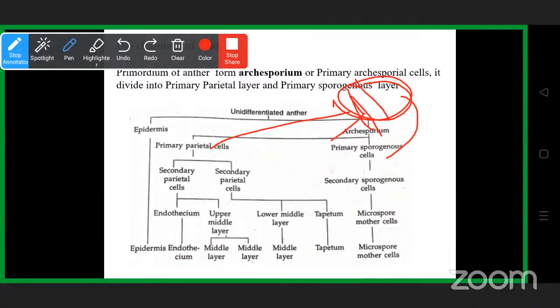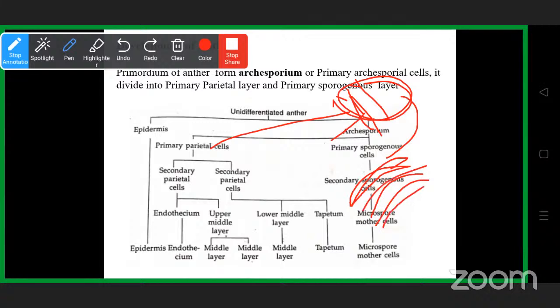You can see this outer layer is forming the endothecium, and the remaining three cells are forming the middle layers.